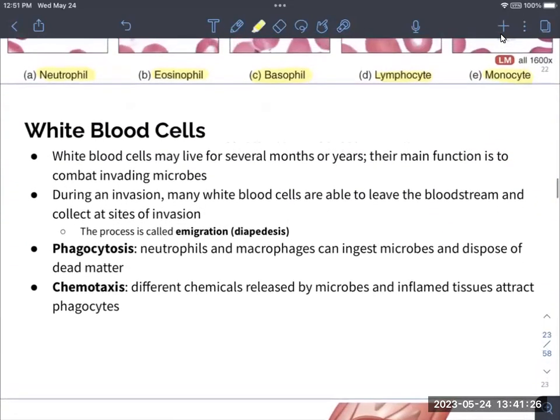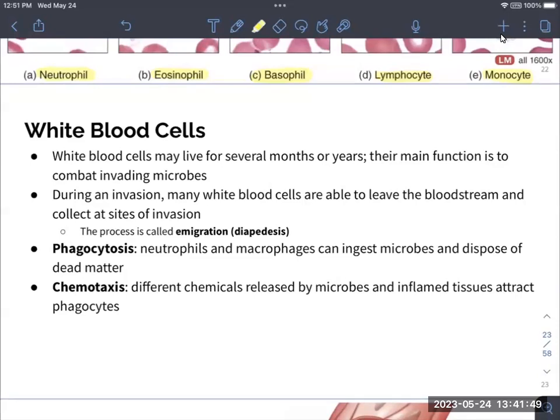So as we mentioned earlier, white blood cells can live for months. They can live for years. They can live for decades. But their main job is to fight off any pathogens that may have gotten into our system. Our white blood cells can do something our red blood cells cannot.